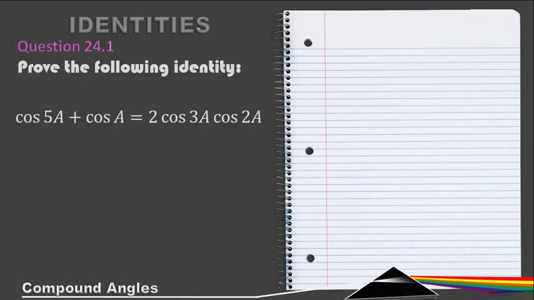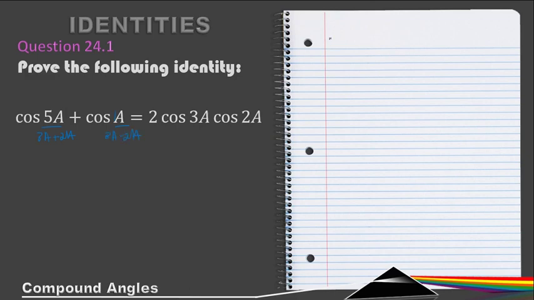Question 24.1. So as the previous example, let's look if we can do the same. We want 3 and 2. For 5, we can say we break that up into 3a plus 2a. And over here, for 1a, we can say we break that up into 3a minus 2a.